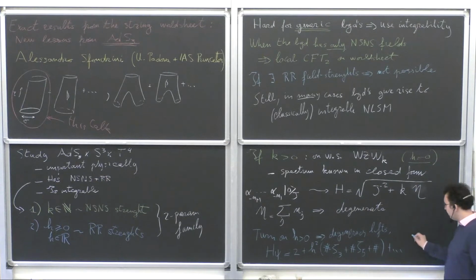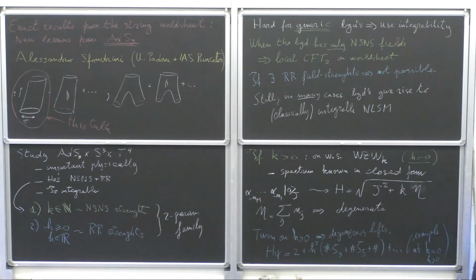So this is an example. It's just an example of some state at k precisely equal to 0 and h greater than 0 in some scheme of perturbation. So this is just to tell you how different these two things are, but they are connected by a line of integrable theories.